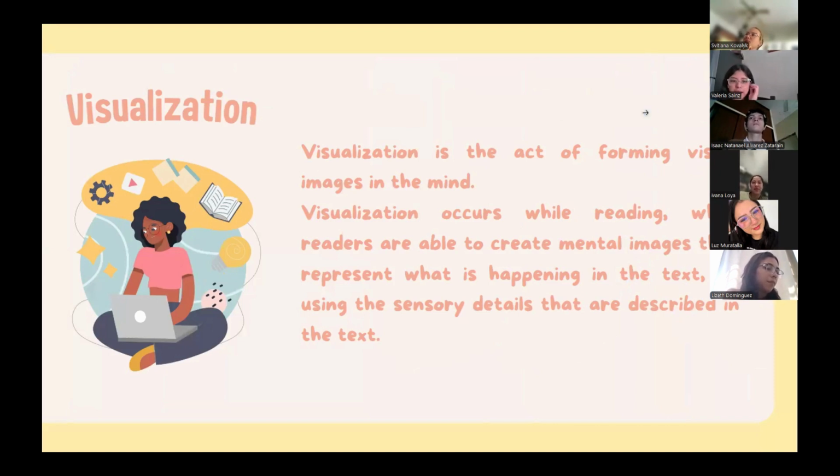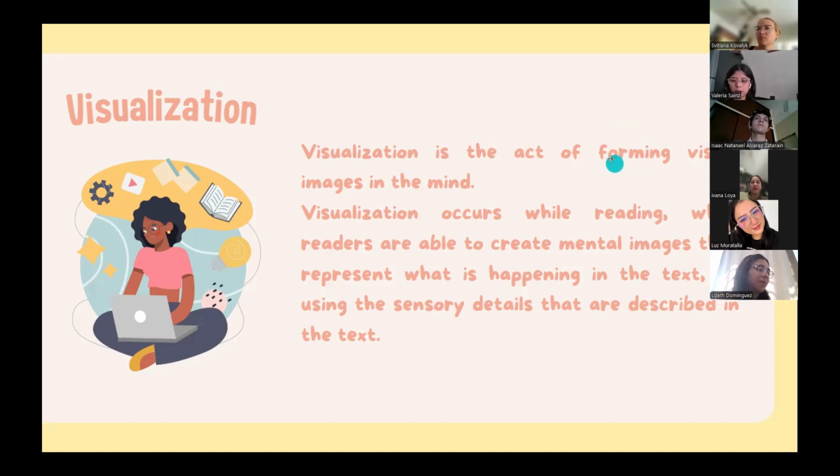Reading strategies are tricks and techniques that readers can use to improve comprehension and understanding. And visualization is the act of forming visual images in your mind. It normally occurs while we are reading, and we are able to create mental images that represent what is happening in the text.